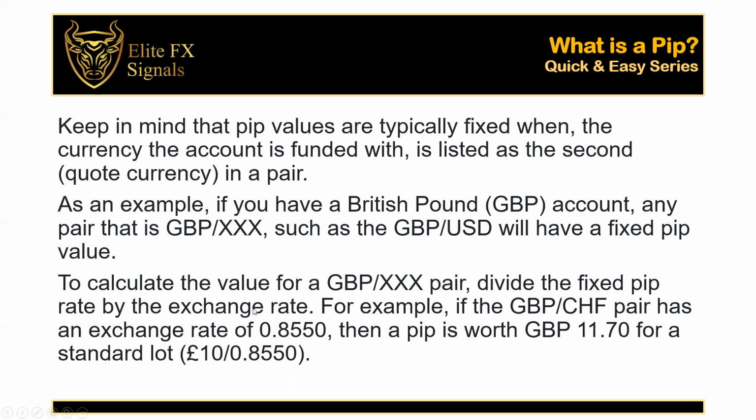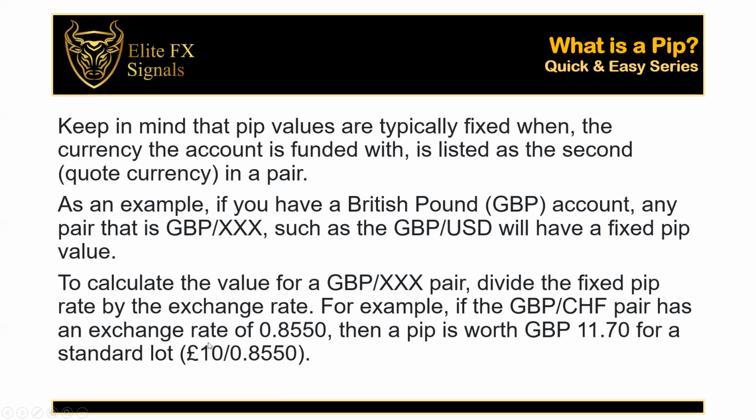So if the pound Swiss pair has an exchange rate of 0.8550, then a pip is worth 11.7 pounds for a standard lot, again, for 100,000 currency units. Now, if we traded one mini lot, 10,000 currency units, obviously the pip value would be 1.17.